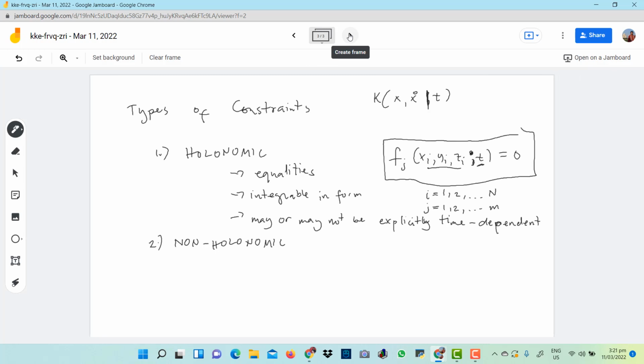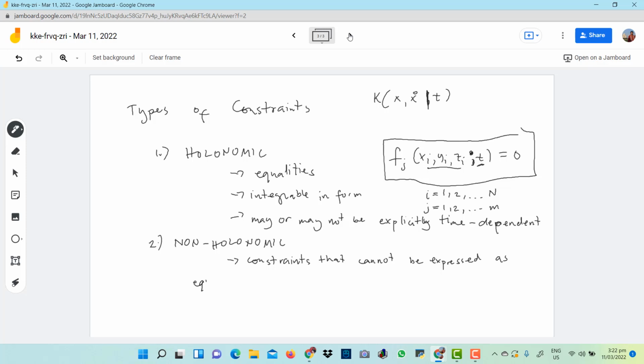So that's for holonomic. For non-holonomic, it is a constraint that cannot be expressed as an equation of equality.